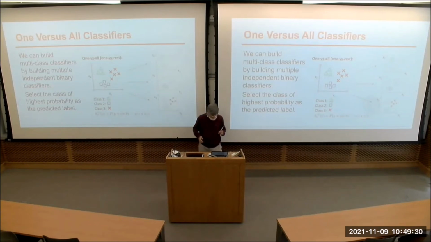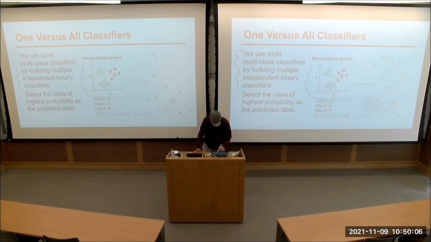How do you deal with multiple class classification? We know, using logistic regression, how to build the right binary classifier, where you've got 2 sets of things. One way to solve multi-class classification problems is to create multiple binary classification problems using one class versus the rest.